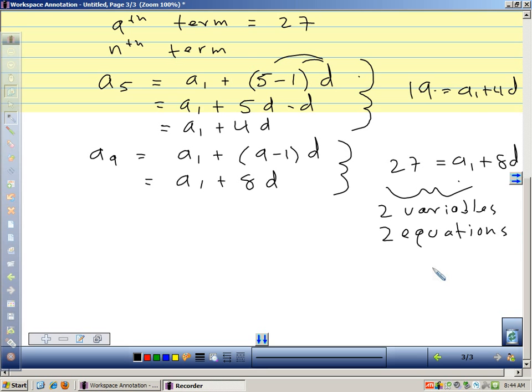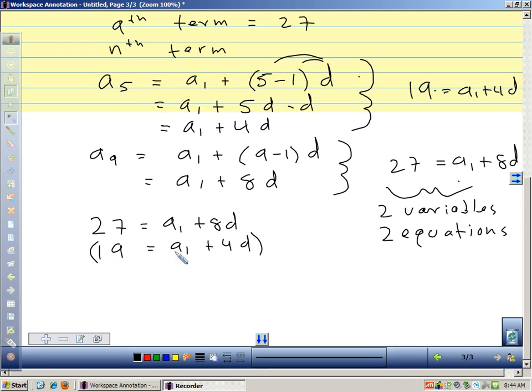There are several ways that we can do this. Elena suggested we solve one for d and then substitute that into the second equation. I'm going to make it a little easier. Because both of these have a1, I'm just going to subtract one from the other. So I have 27 equals a1 plus 8d, and 19 equals a1 plus 4d.